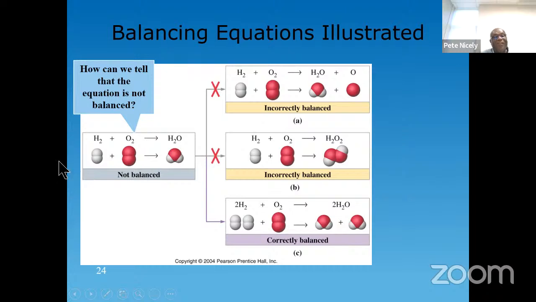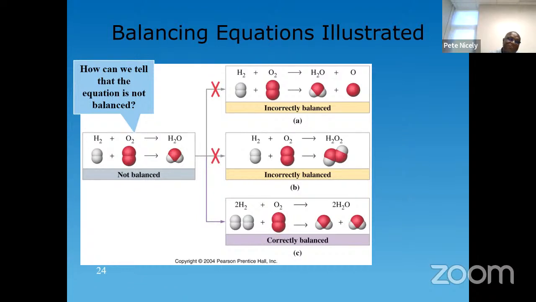If you look at this equation carefully, you'll see that the number of hydrogen atoms on both sides is the same, two hydrogens here and two here. But the oxygens are not the same on both sides: on the left side you have two oxygen atoms, but on the right side you have only one. So the equation is not balanced.